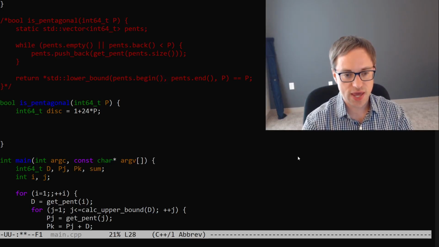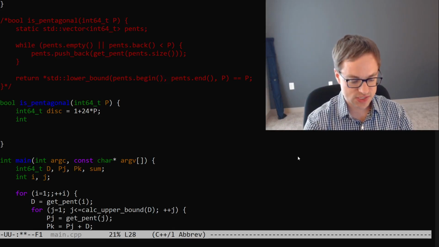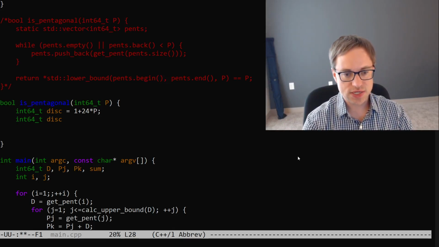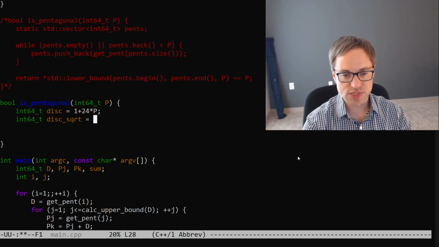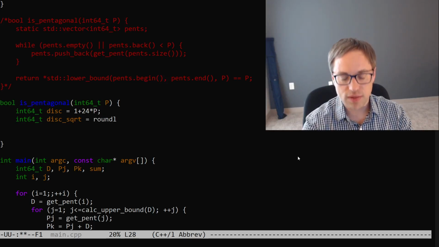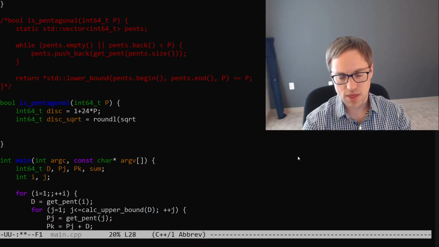And then we'll say, actually we'll say int64_t disk_sqrt, so that's the square root of the discriminant, is going to be equal to roundl of sqrtl of disk.